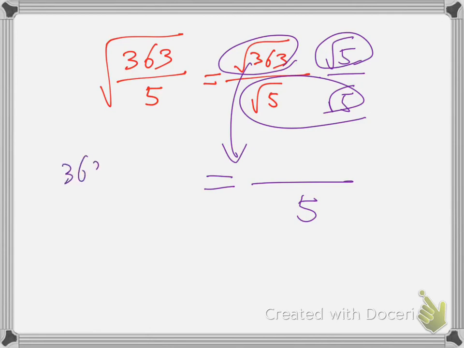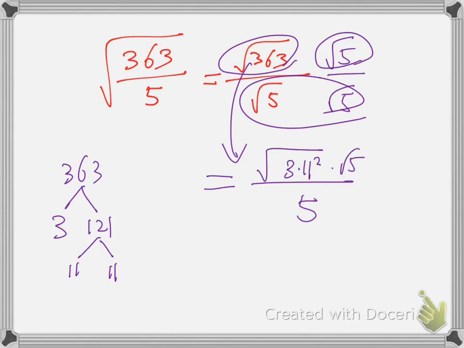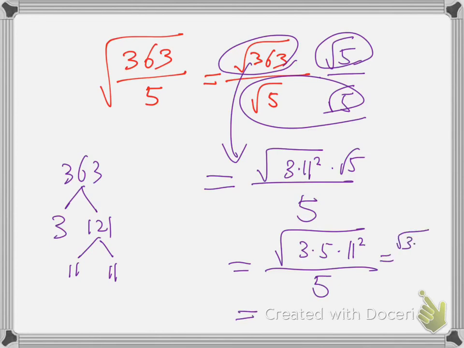So 363 divided by 3 is 121. Divided by 11 is 11 times 11. So it's 11 squared. So radical 363 is radical 3 times 11 squared, times radical 5. Now this is the square root of 3 times 5 times the square root of 11 squared, over 5.